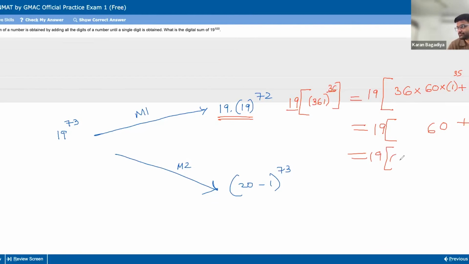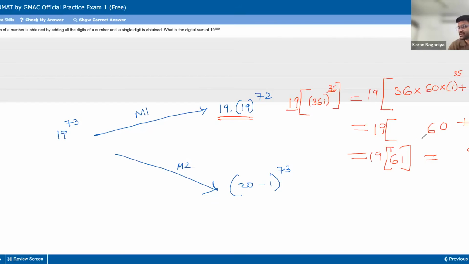Then, and this you'll now have to do it, right? Or it's too simple. So you can apply techniques even now, like 19 is 20 minus 1 or 60 is 60 plus 1. But it's very simple to do it directly as well. Right? So 19 ones are 19, 1 carried over, right?